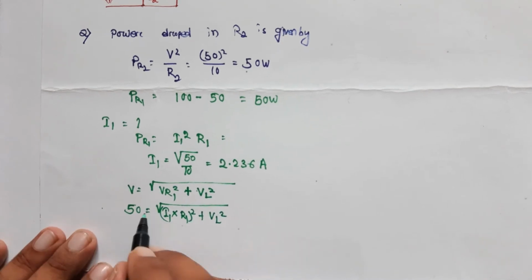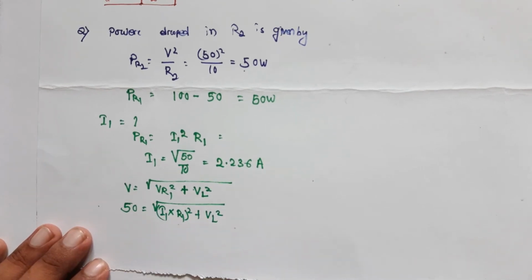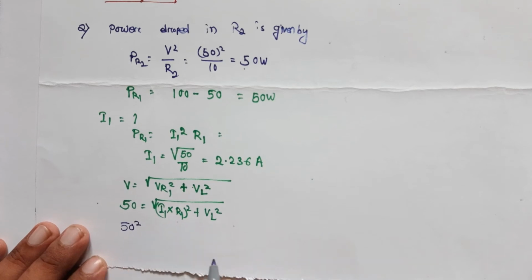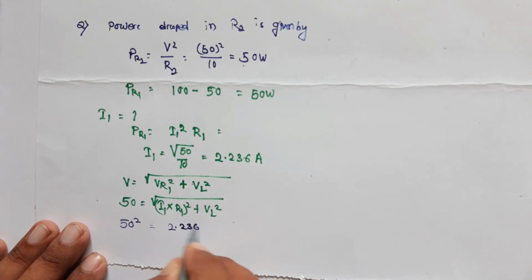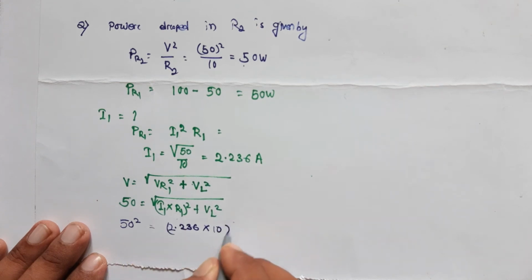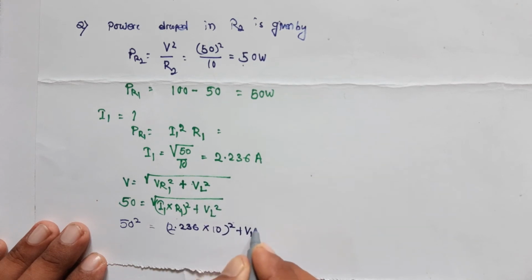Squaring both sides, we can cancel out the root. So 50 square is equal to, putting the I1 value 2.236 into R1, which is 10 ohm, the whole square, plus VL square.